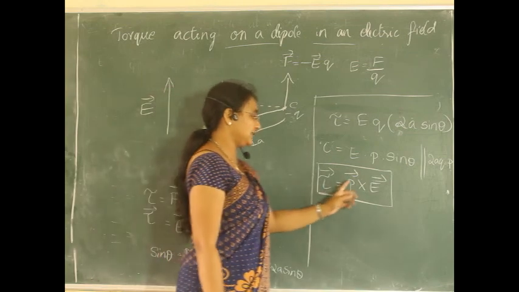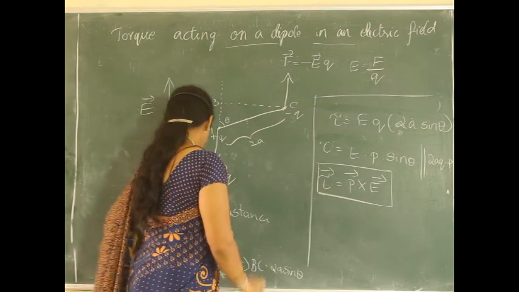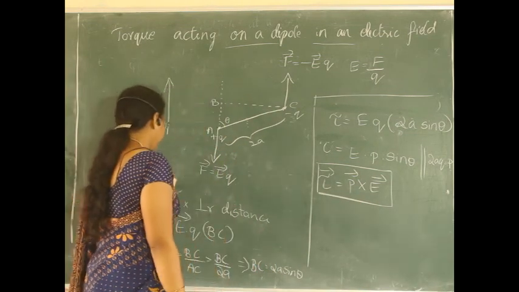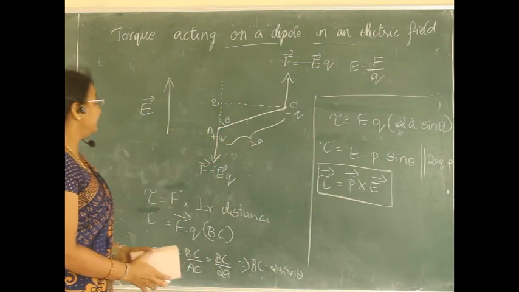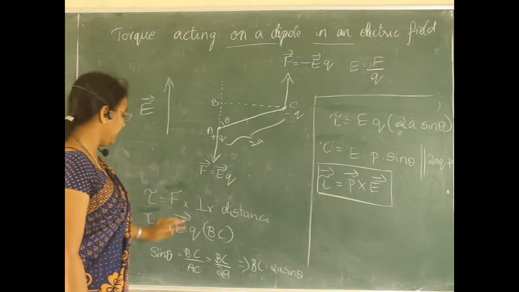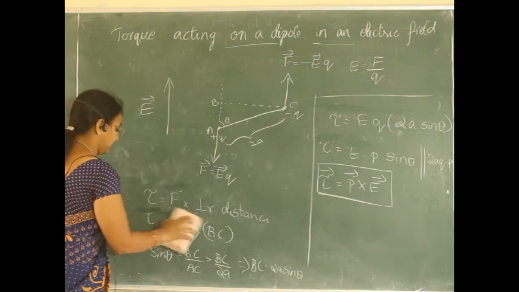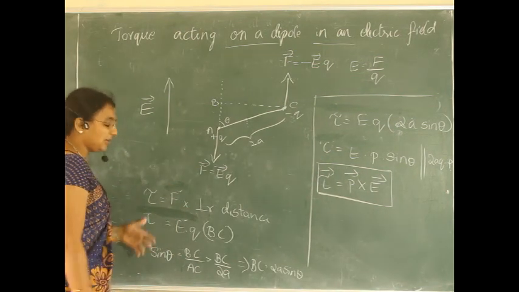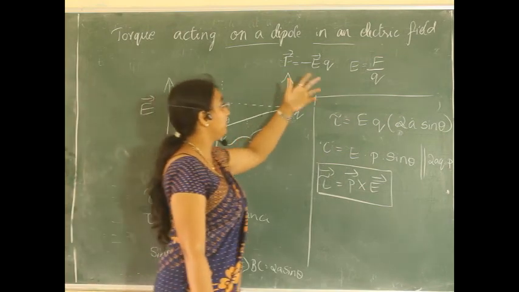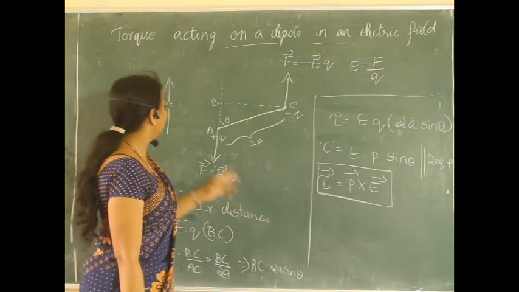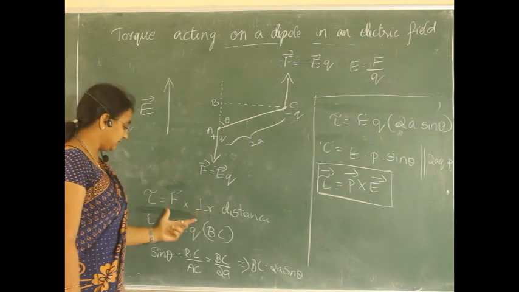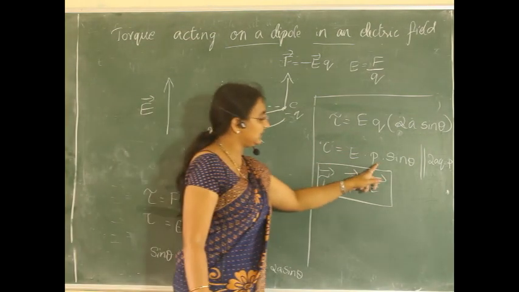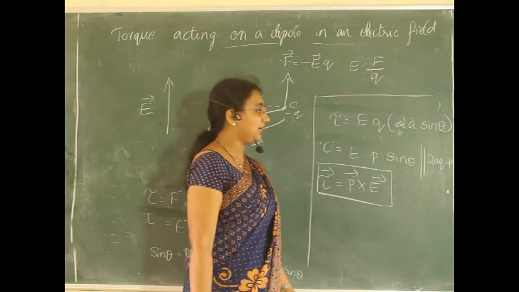That is tau vector is equal to P vector cross E vector. This is a very easy one. If you start from here, don't put the vector symbol anywhere, because we may fail somewhere. So what we will do is, we will just draw this diagram, then we will write like this, continue, and after reaching here, write it in the vector form. That will be easy.